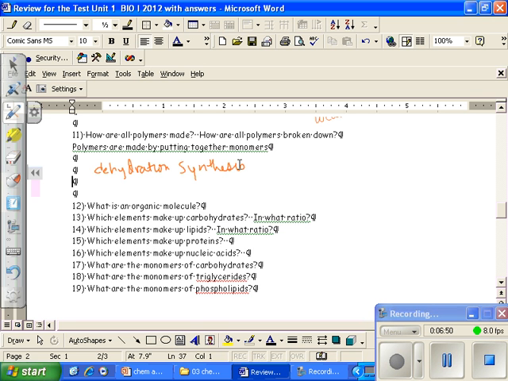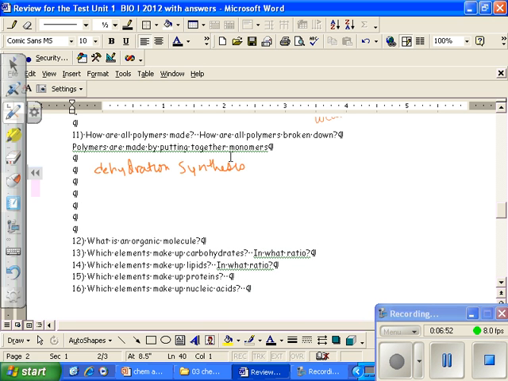And so what that means is you have something like a sugar maybe, and it's got an OH sticking off of it. And here's another sugar, and they have lots of OHs hanging off of them, but I'm lazy and I'm not drawing them all in. When you put these together, you're putting monomers together to make a dimer, or you can keep doing that and make a polymer.